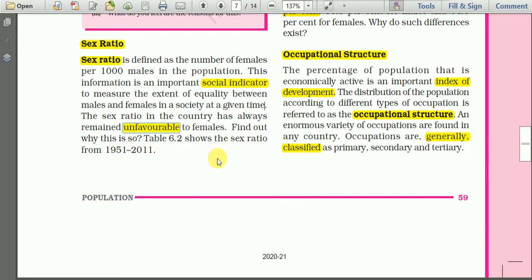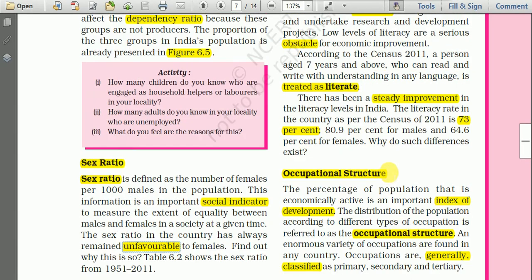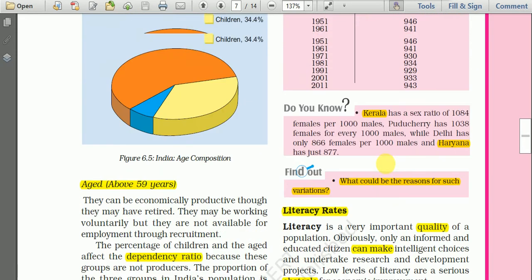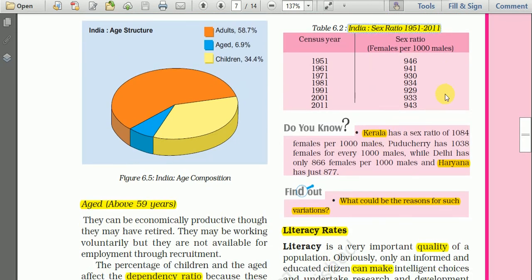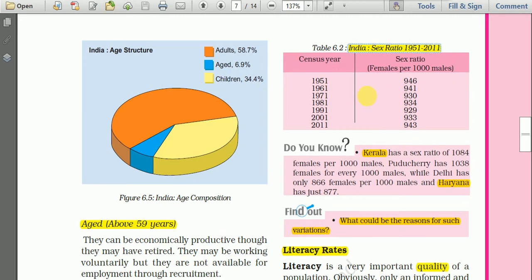Table number 6.2 shows the sex ratio from 1951 to 2011. Just see here. In 1951, the sex ratio was 946 females per 1,000 males.